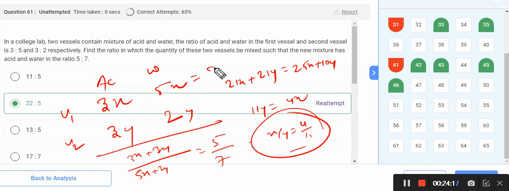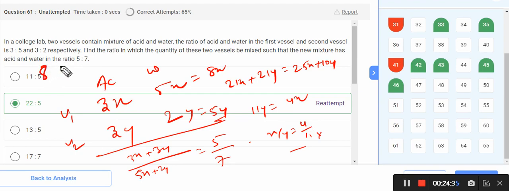So the total is 8x and this is 5y. So let's multiply this by 5 and this is 8. So 8x by 5y. Sorry, 11y.